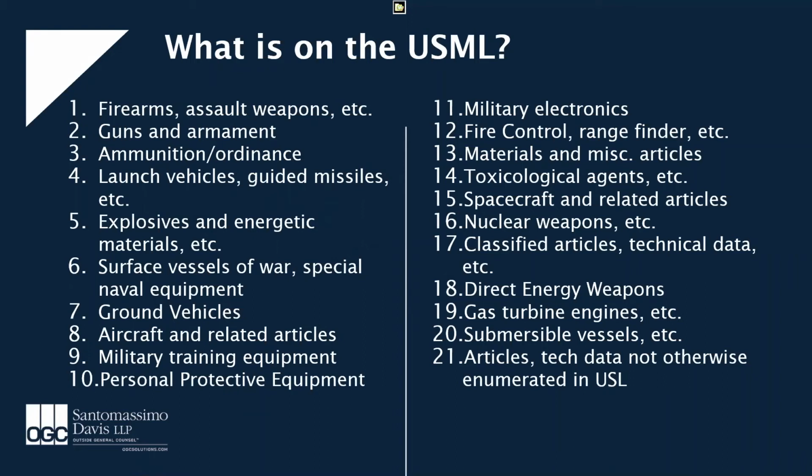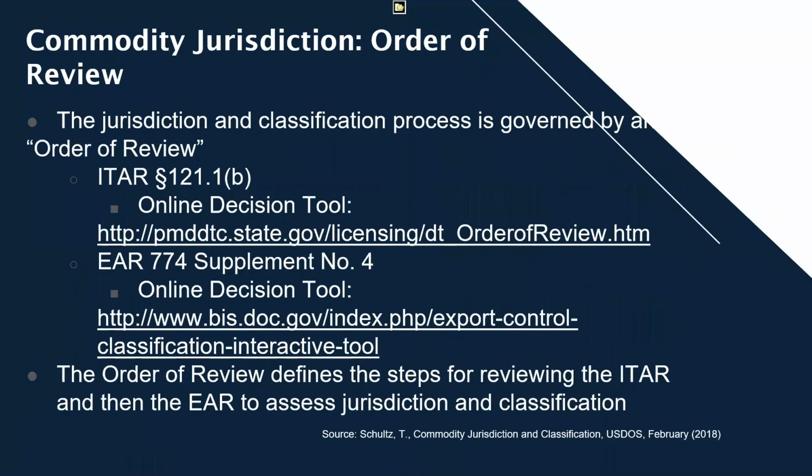If it's not in the prior 20 articles, 21 would typically capture that. And each of these categories are very extensive in the list. And so the process entails you to go through these 21 articles to determine if your item comes under one of those. And if it doesn't, then you need to look at the EARs.